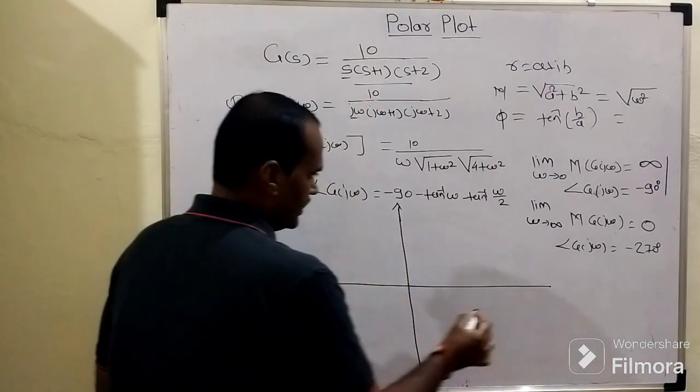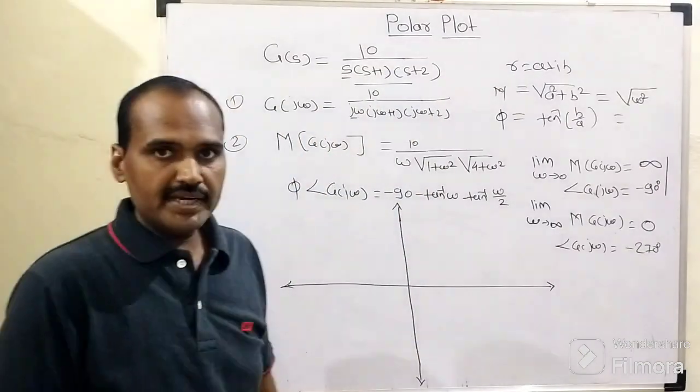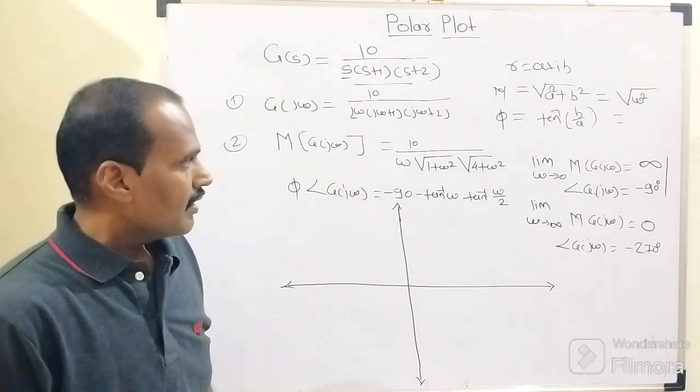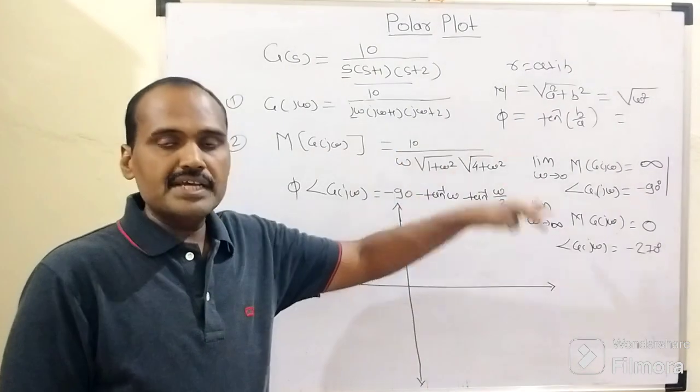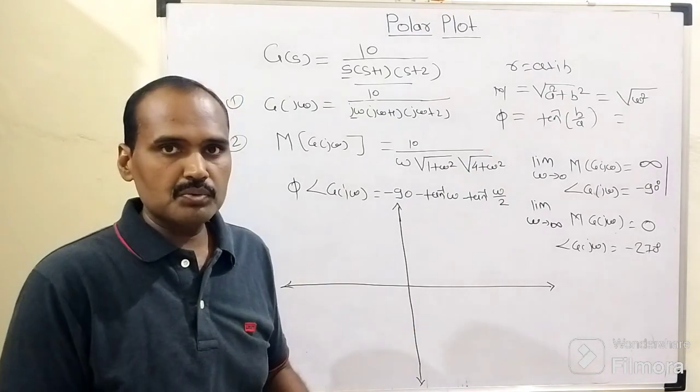This will be the imaginary and this will be the real axis, right? So here one thing which we need to understand: after declaration of this magnitude and phase angle, we are coming to this conclusion.